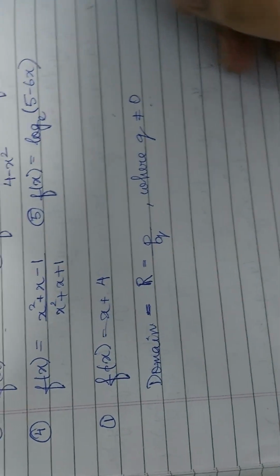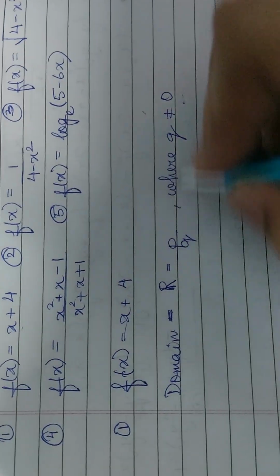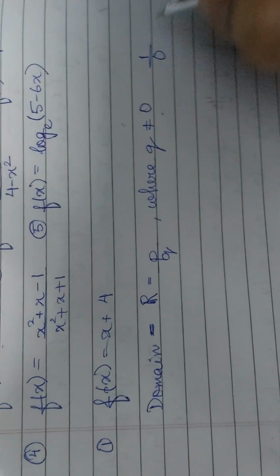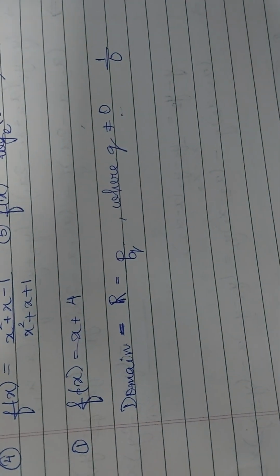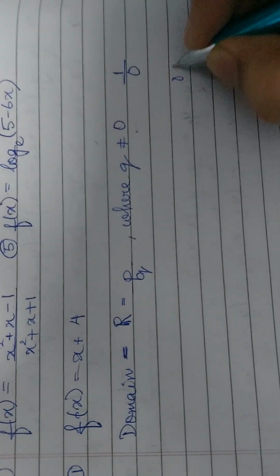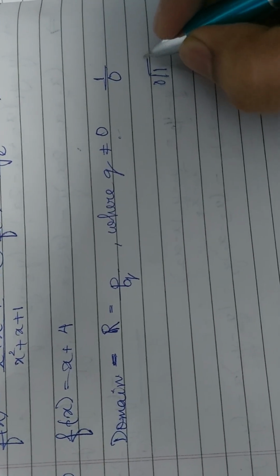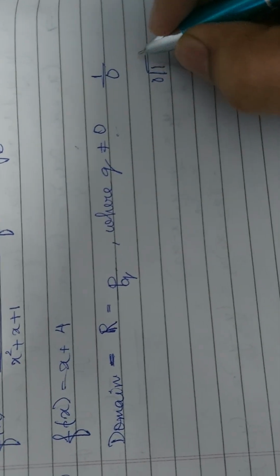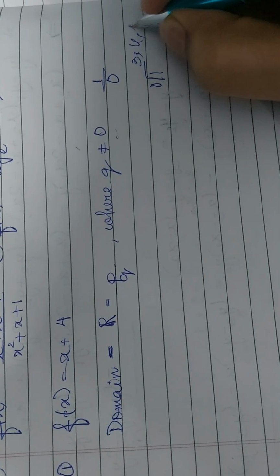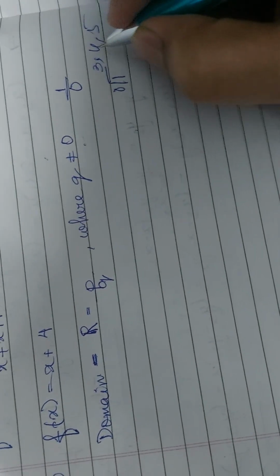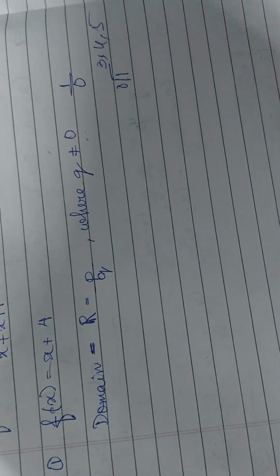Because if the denominator is 0, then it will be infinity. 1 by 0 is infinity. No matter what value you put, 3, 4, 5, whatever value, when it is multiplied by 0, it is always 0.